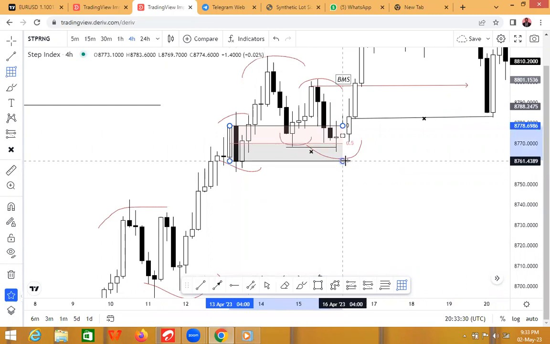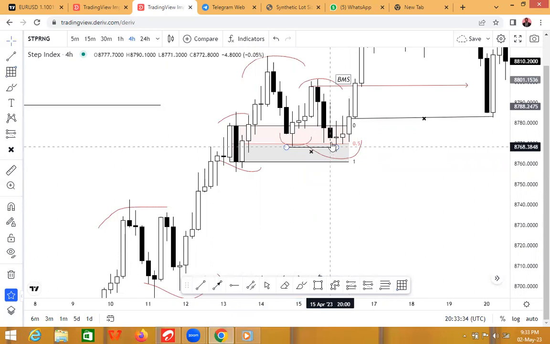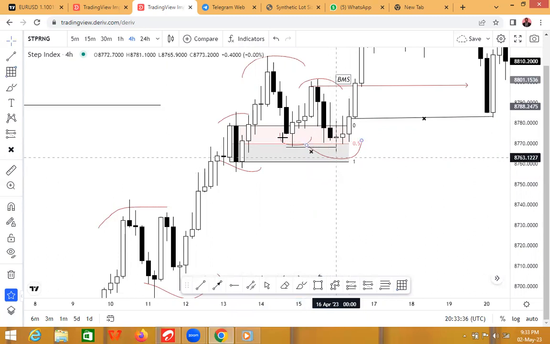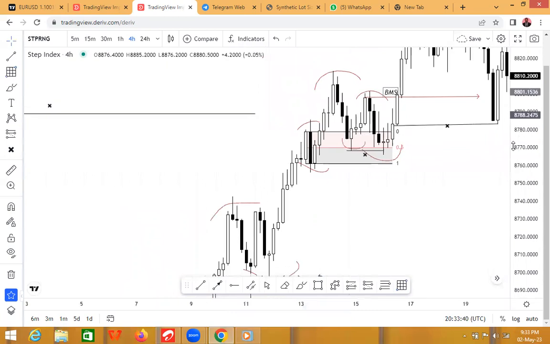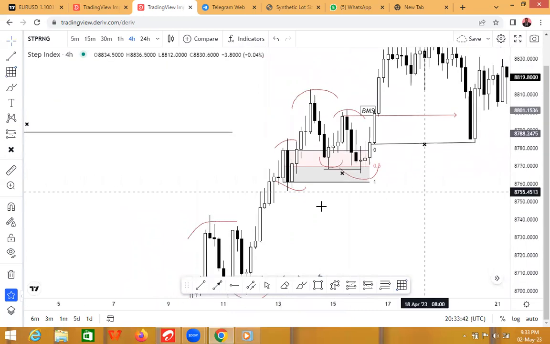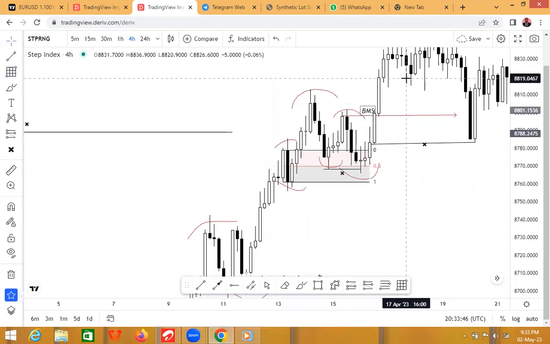That was the 50% of the candle. Price came there. Price will always respect them because they are smart money candles. They are institutional candles. Price came back into it, and then price rallied away.